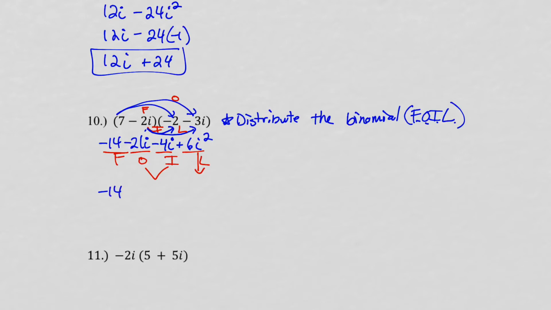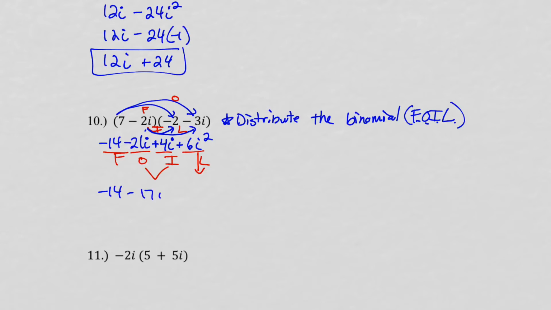So negative 21 minus 4, same sign, find the sum. Keep the sign, so it's 25i. I'm sorry, that's supposed to be a positive 4. Sorry about that. So we're subtracting, different signs, find the difference.